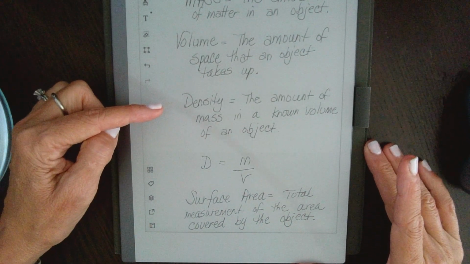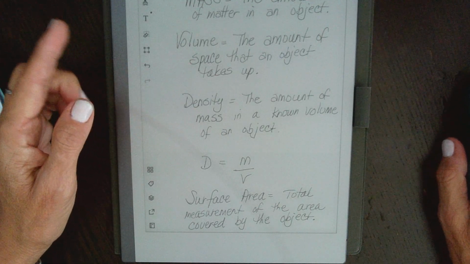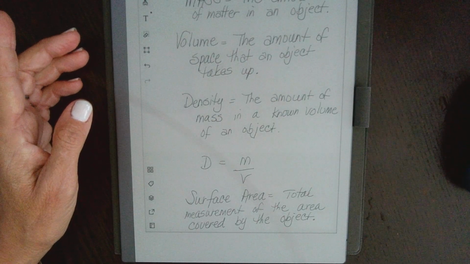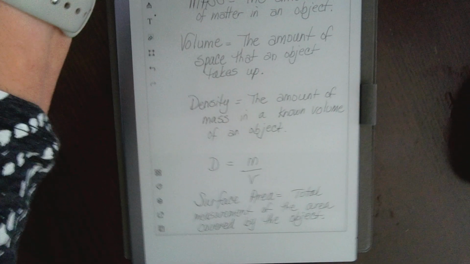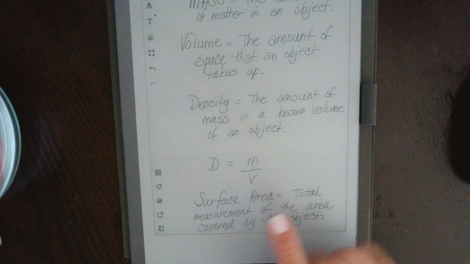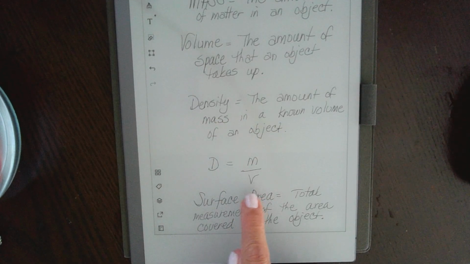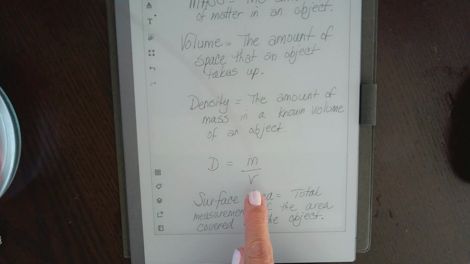And when we look at the difference, it's called density. So the amount of the mass in a known object is called the density. And density has a formula, and the formula is D equals M over V, or density equals mass divided by volume.